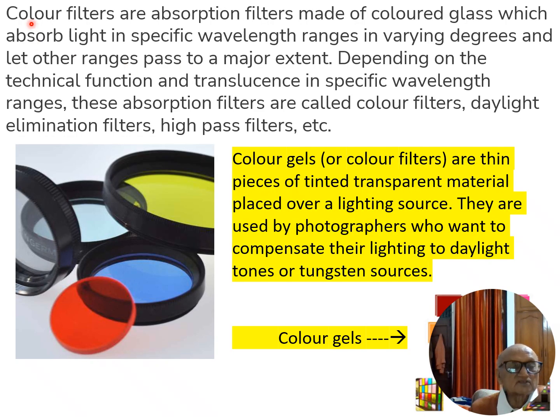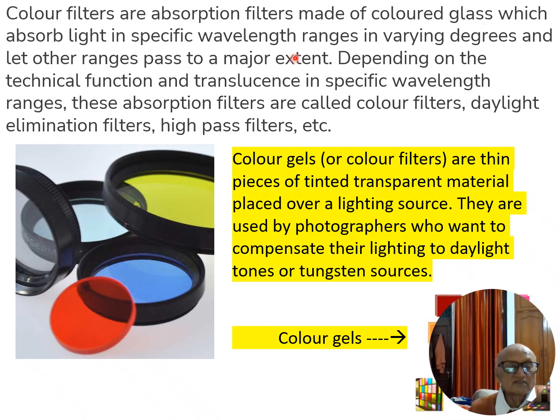Friends, in this particular slide, I have shown color filters and color gels. Color diffusers are absorption filters made of colored glass which absorb light in specific wavelength ranges in varying degrees and let the other ranges pass to a major extent.